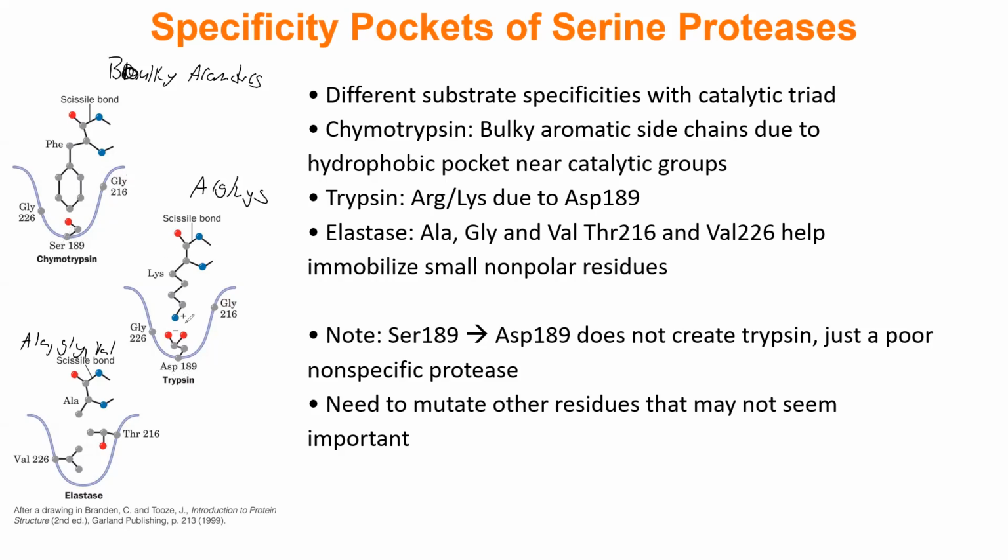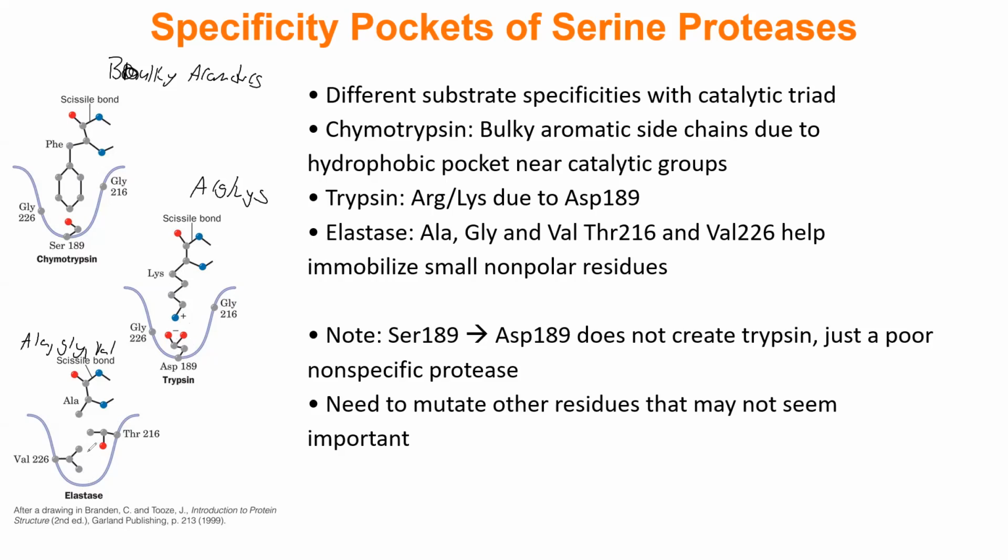For trypsin, it's a similar idea where we have glycine on each side, but we have a negative amino acid here instead at position 189. This negative amino acid will bond with the positively charged amino acids. So that's why trypsin can cut after positively charged amino acids.